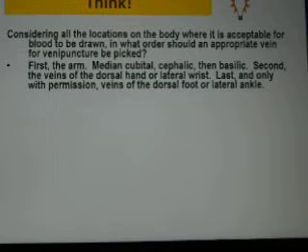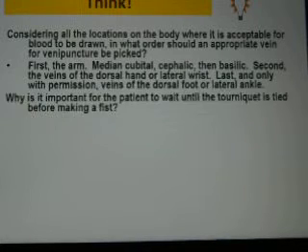We want to start with the median cubital vein, then if not, the cephalic, then the basilic last, right? Second, if we can't find it in the arm, we move to the dorsal hand or the lateral wrist. And last, and only with permission, would we use veins of the dorsal foot or the lateral ankle.